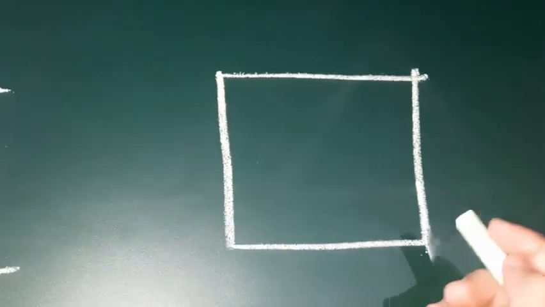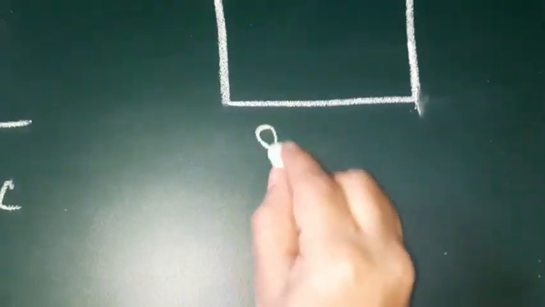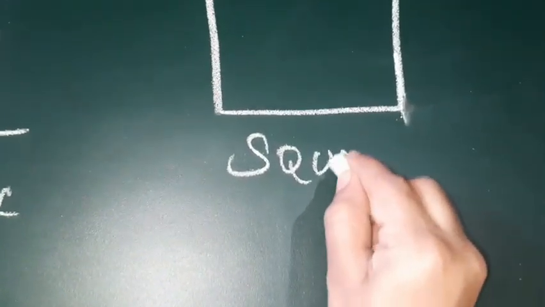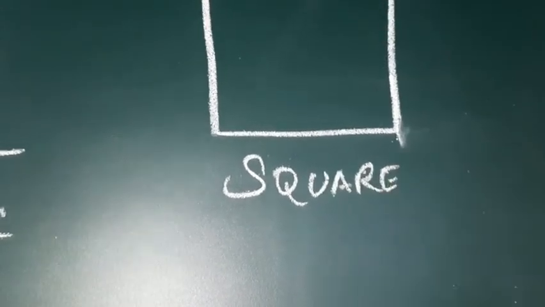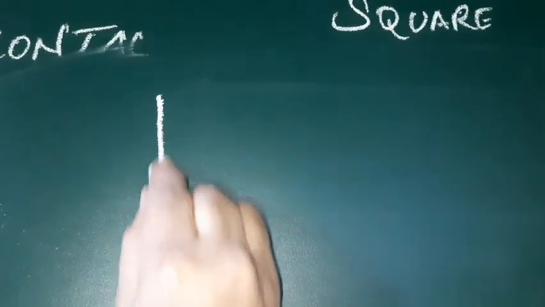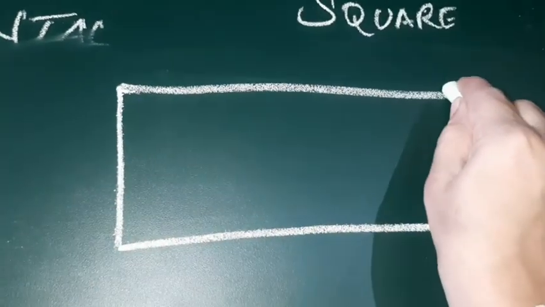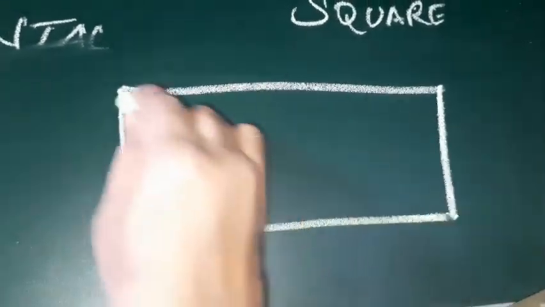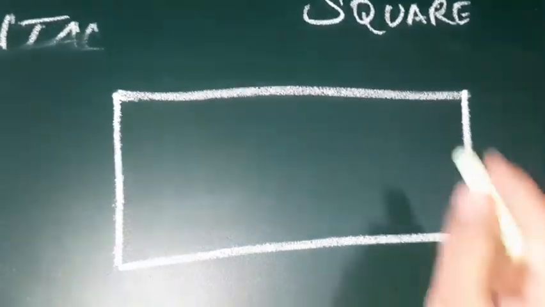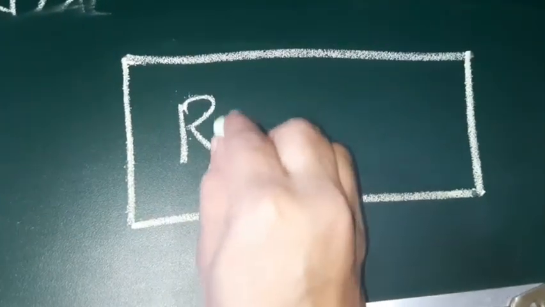When we join these lines, we get a square. Similarly, to draw a rectangle, you need two vertical lines and two horizontal lines. This forms a rectangle.